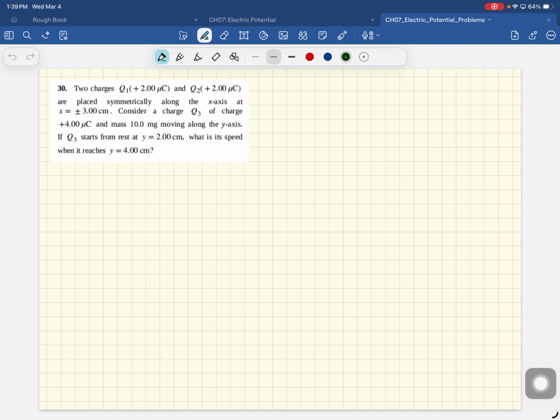All right, you can see that I've run out of room, so I'm going to... and then in the final configuration, it'll be this potential energy plus this potential energy plus this potential energy.